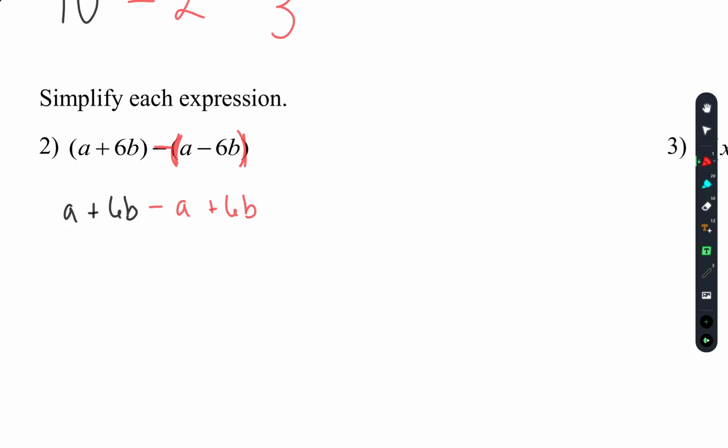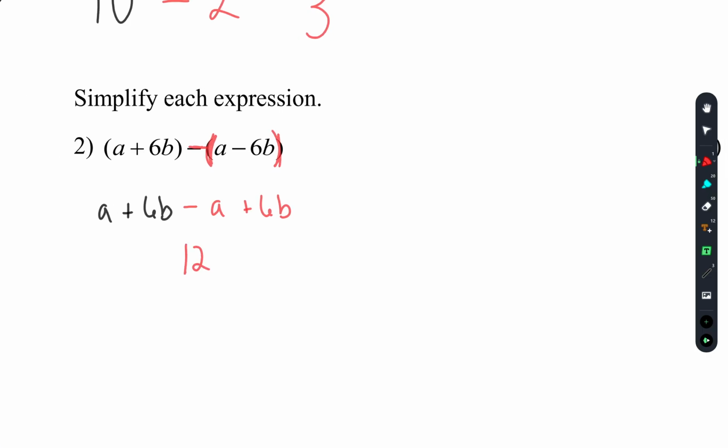And a lot of people look at this and they're like, oh, this is easy. I know how to add and subtract. But the thing is you cannot mess up ever. Okay, so you have to be extremely, extremely diligent with it because when you do combine these, that would be 12B because the A's cancel and then the B's add up to 12. Okay, so just be very, very careful with that.